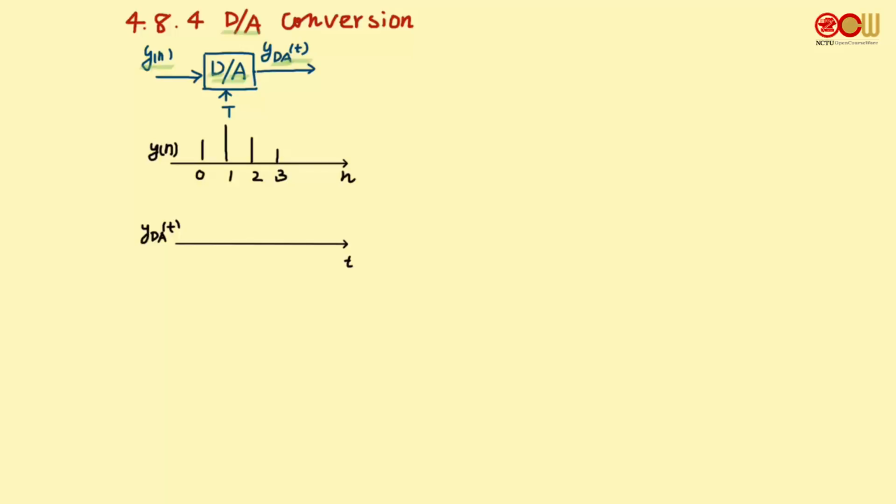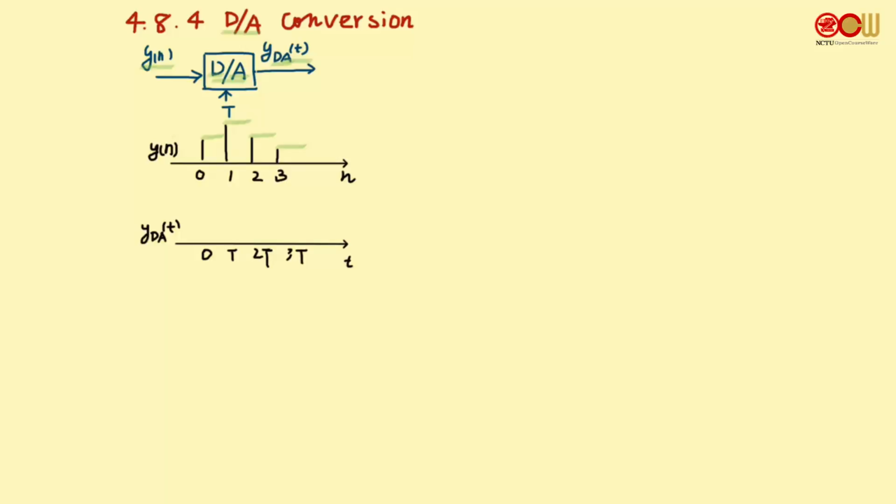The D2A converter will hold the value of each sample for a period of T. At time 0, this sample comes in and it's going to hold its value for a period of T. For the next n, it's going to hold it for a period of T, and then hold this sample for a period of T, and this sample for a period of T. So this is what the output of a D2A converter looks like.